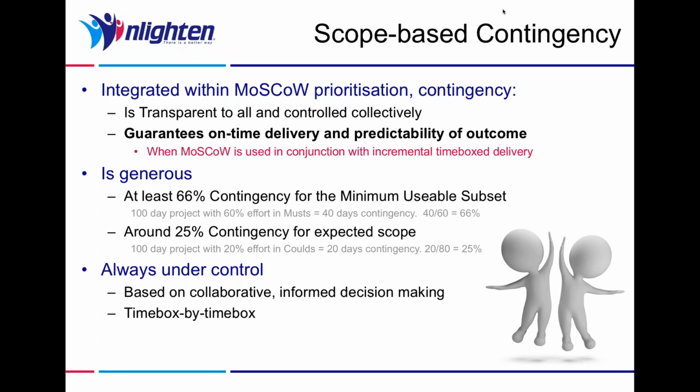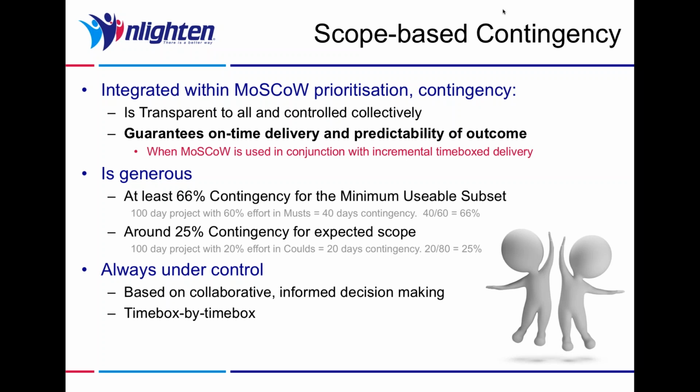What the contingency within MoSCoW Prioritisation does is it guarantees on-time delivery and predictability of outcome. So in terms of guaranteeing on-time delivery, what we need is sufficient contingency to allow us, without ifs, without buts, without excuses, to deliver a solution that works.